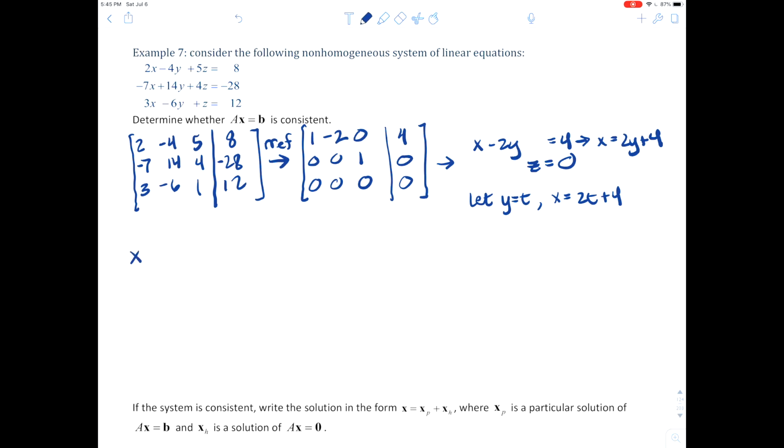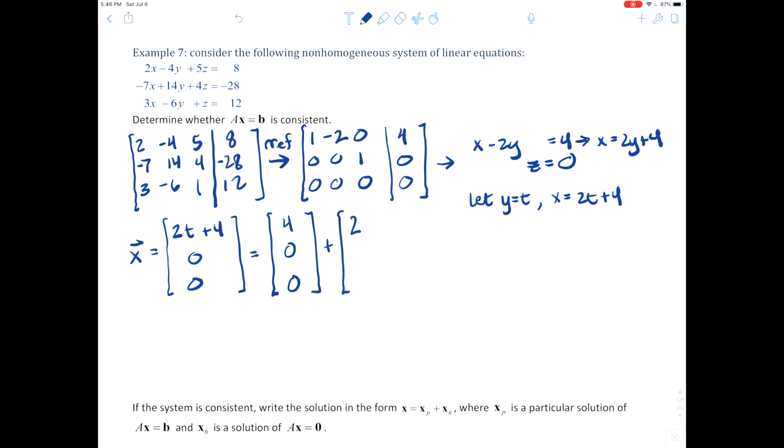So for our vector of solutions x, that will be equal to 2t plus 4, 0, 0, which is equal to, so I want to make this into a sum of a particular solution and a homogeneous solution, 4, 0, 0 plus 2t, t, and 0.